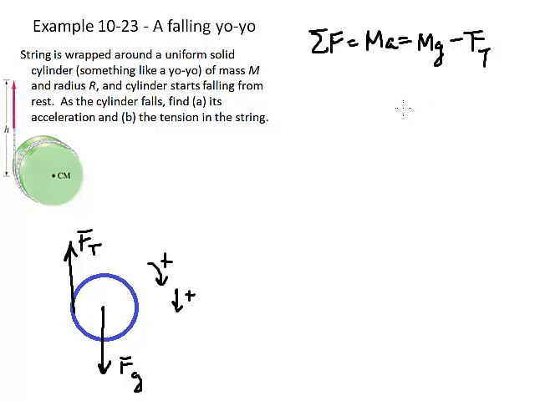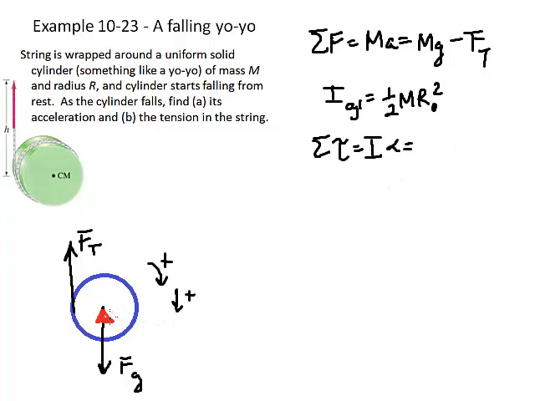Ft. Now we're going to choose our fulcrum to be the center of mass of the cylinder, and we know from looking at our chart, and we derived it last week, that the moment of inertia of a cylinder is equal to 1/2 m r naught squared. When we write our sigma tau statement, sigma tau is equal to I alpha.